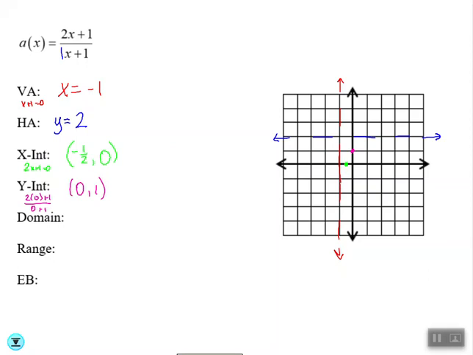So from here, you need to sketch your graph. The x and y-intercept tell us where this branch of the function is, but we don't have any points in the top left-hand corner. So if you need some more points, you can go to your calculator.